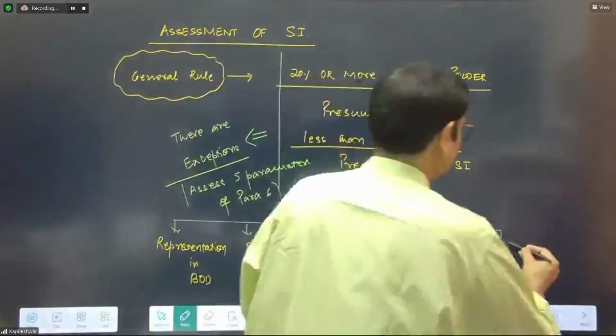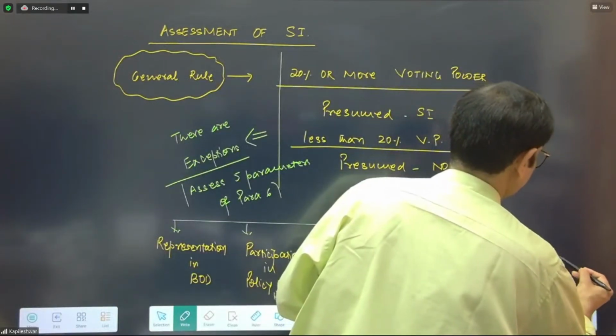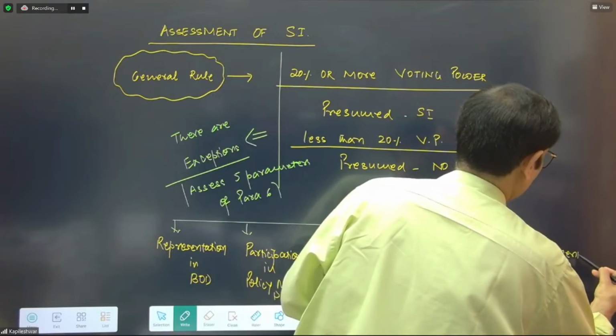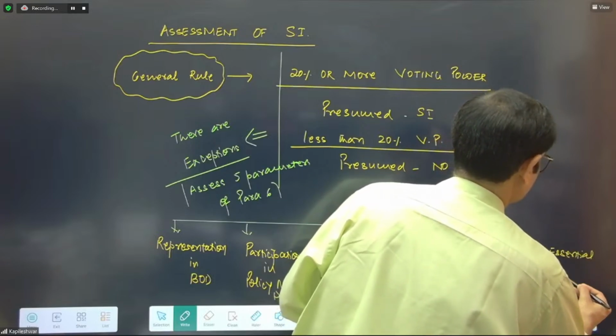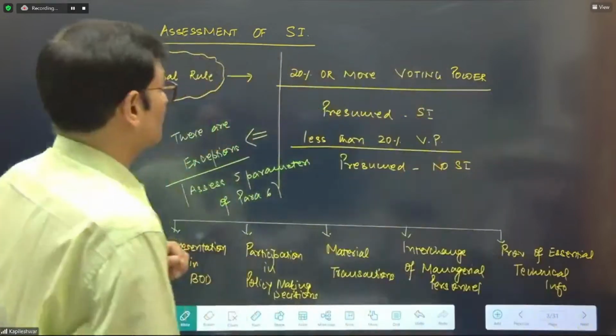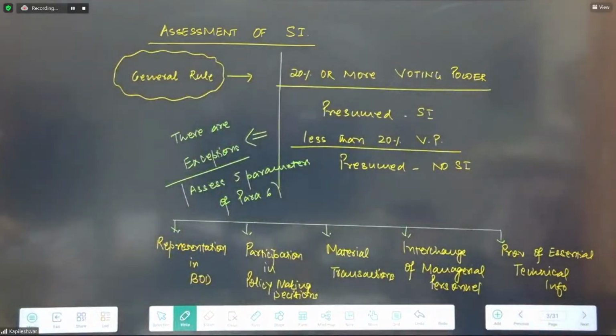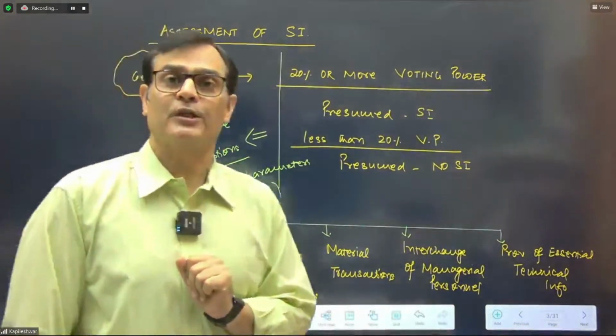And the other one is provision of essential technical information. So these are the 5 parameters of para number 6, which one needs to look into before assessing whether there might be a significant influence or not.